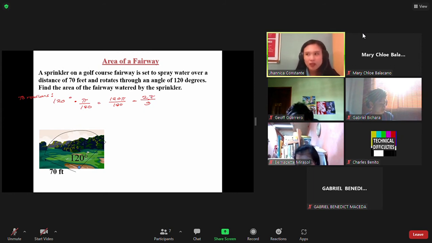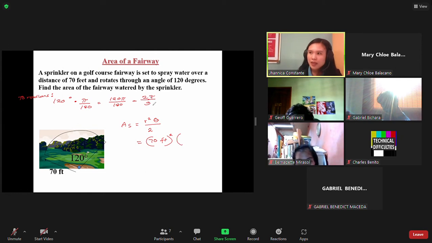Since we're done changing our angle to radian, we can now solve using our central angle or sector angle. The area of a sector is equal to 1/2 times the radius squared times the angle. The radius we have is 70 feet squared, times the angle that we solved a while ago, which is 2 pi over 3, divided by 2.